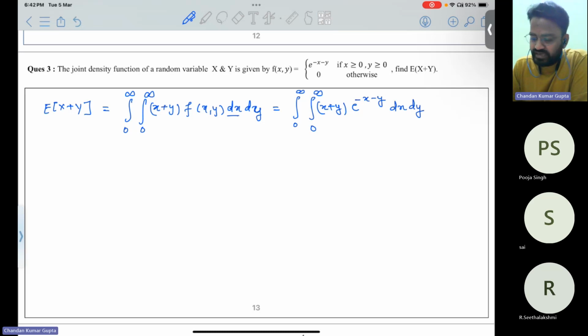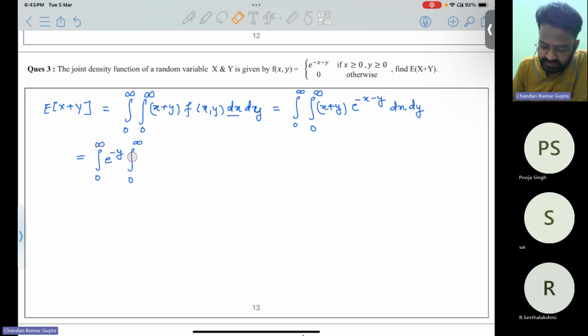So we first take x. It is a simple integration, I think. Just try to do this, I'm also doing it. First, 0 to infinity is taken here, and e to the power minus x minus y can be written as e to the power minus x into e to the power minus y. So e to the power minus y is taken as common, and one more integral is there.